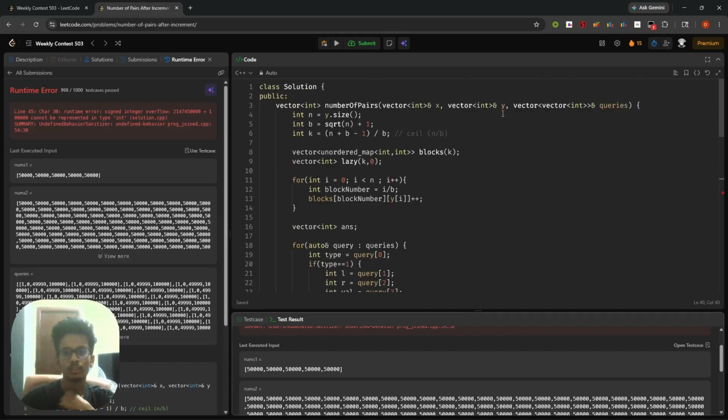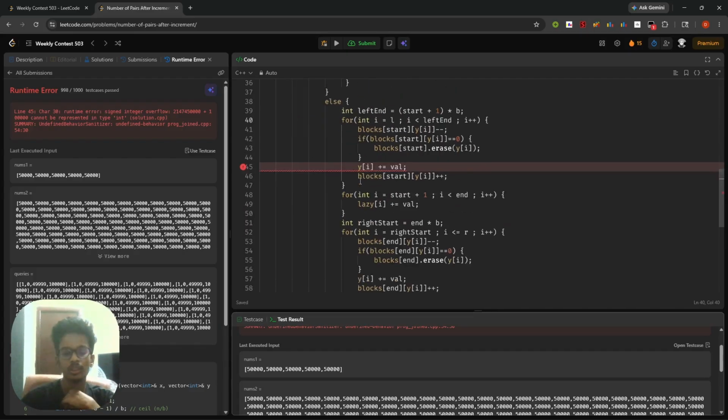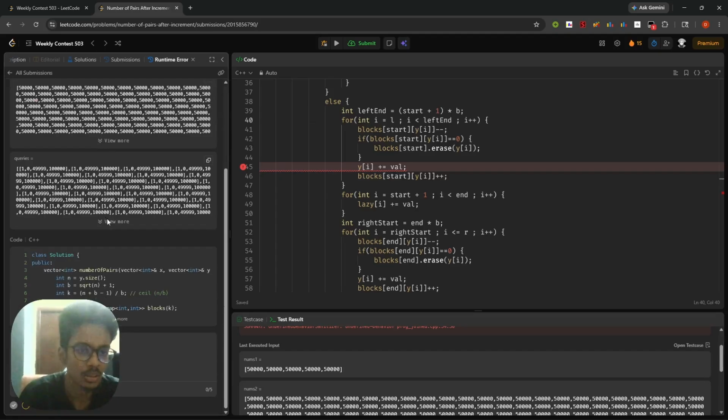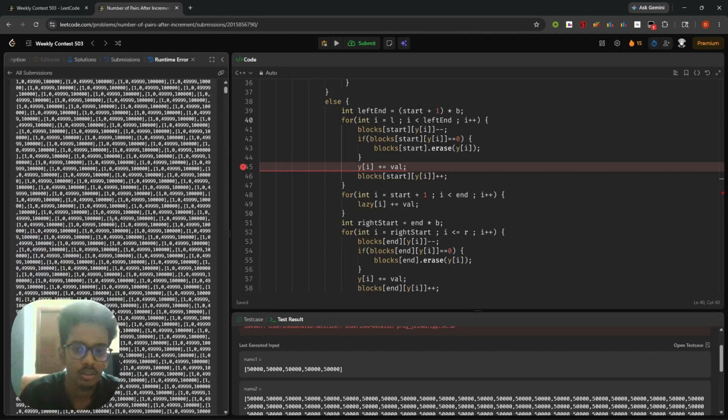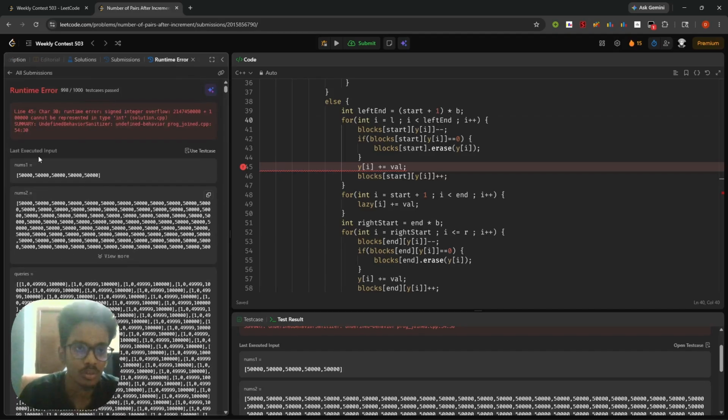What is y of i? It shouldn't be giving integer overflow no matter what, isn't it? Adding a small value isn't supposed to give integer overflow.